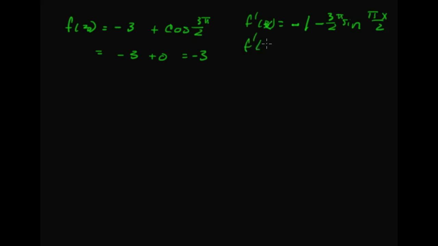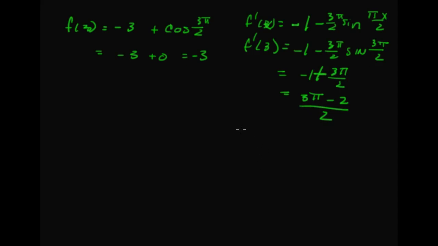So the derivative at 3 is going to be -1 minus 3 pi over 2 times the sine of 3 pi over 2, which is -1 minus 3 pi over 2, which is like 3 pi minus 2. Oh, sorry. Sine at 3 pi over 2, that's positive, right? So it's 3 pi minus 2 over 2.